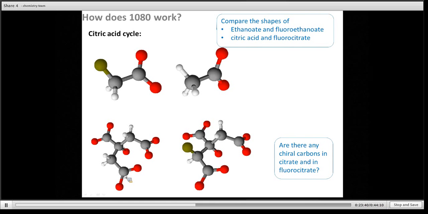Okay, are there any chiral centers in this fluorocitrate? You should be able to spot the chiral carbon and also discuss it, because that's the way it will also lock on and stop any further involvement.